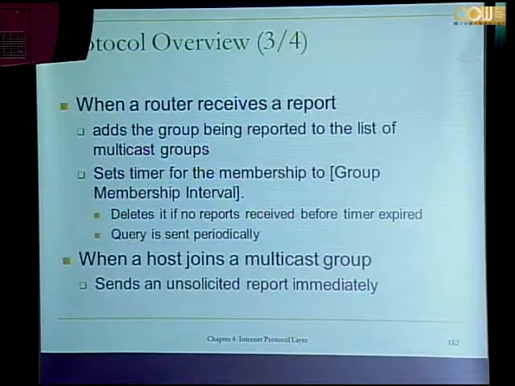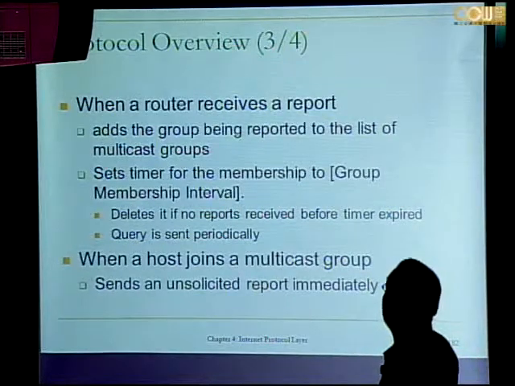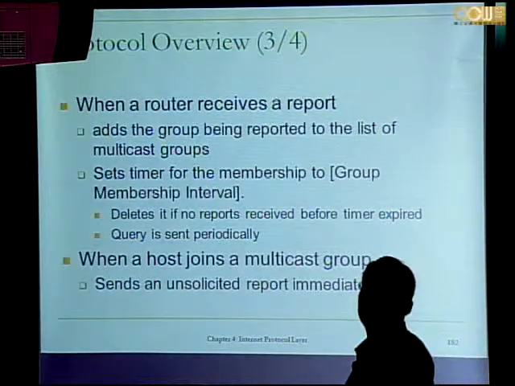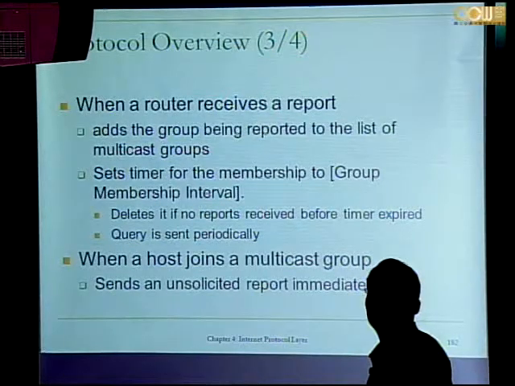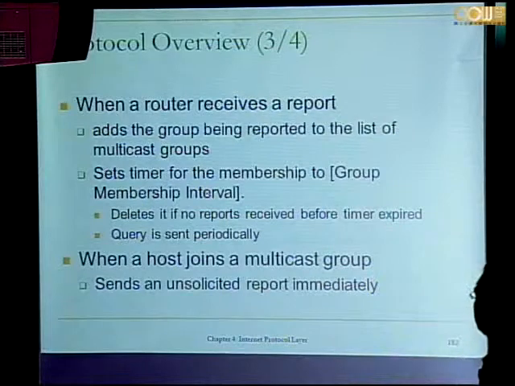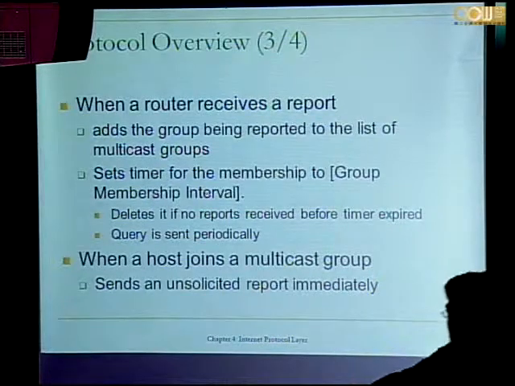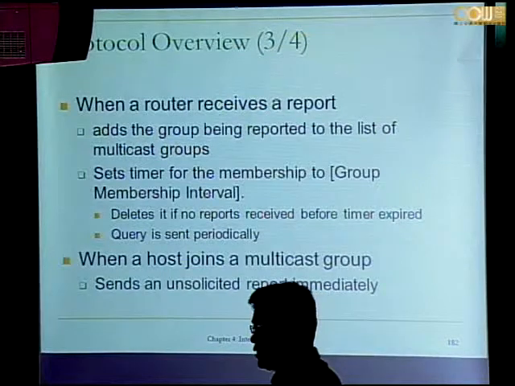And when the router receives a report, it will add the group being reported to the list of multicast groups. So it would maintain a list: for this particular subnet, I have people belonging to this group.